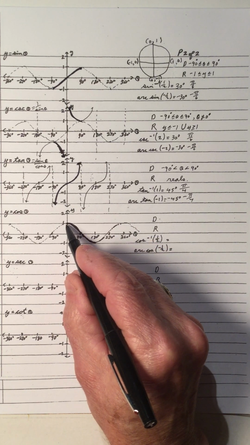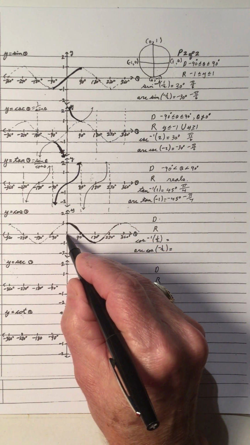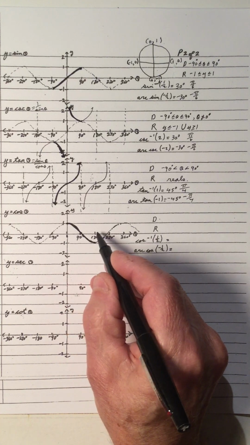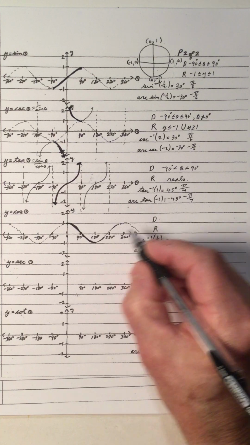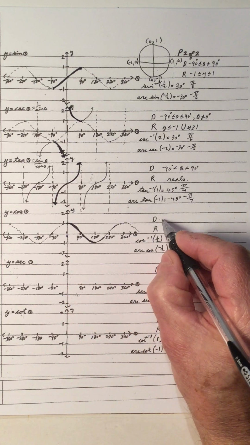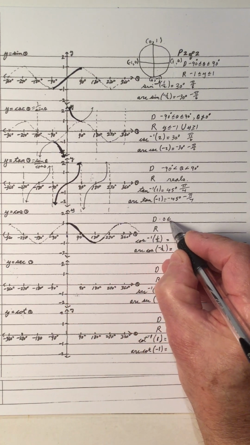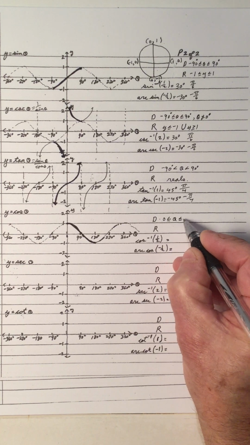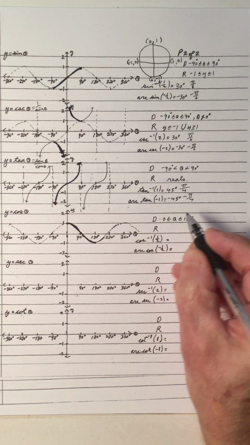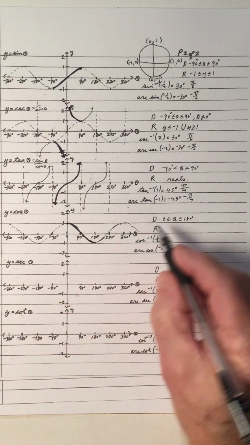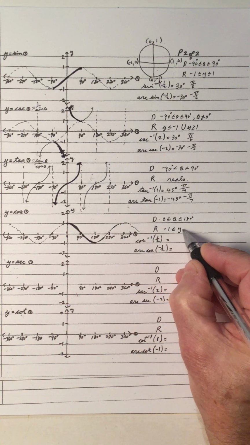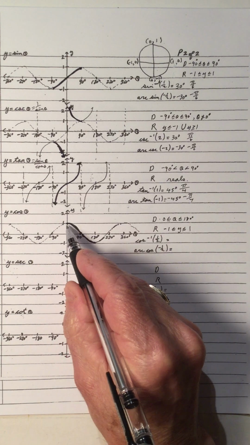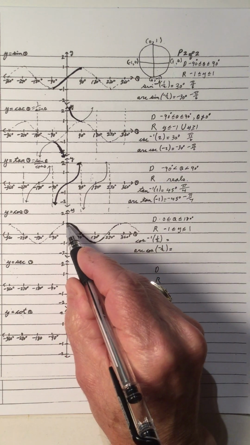So it goes from 0 degrees right here up to 180. And so that means your domain is going from 0 to 180. 0 less than or equal to theta, less than or equal to 180. And y is going from negative 1 less than or equal to y less than or equal to 1. It's equal to negative 1 and equal to 1.